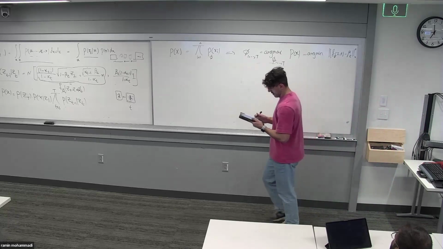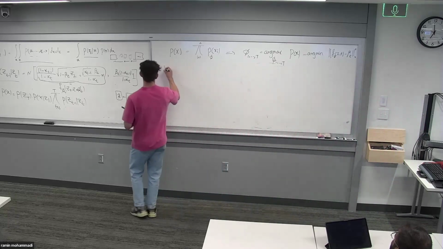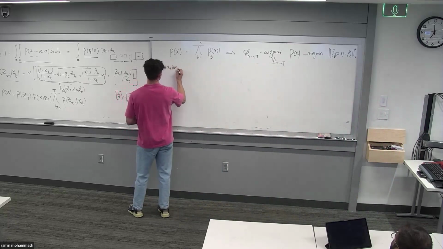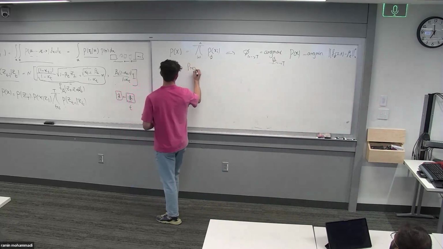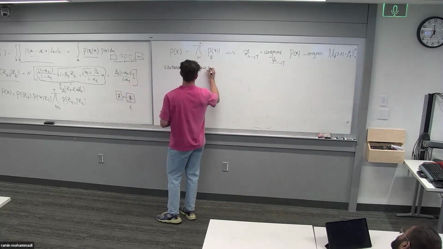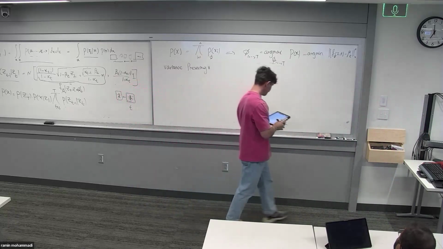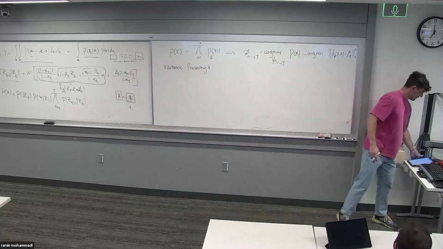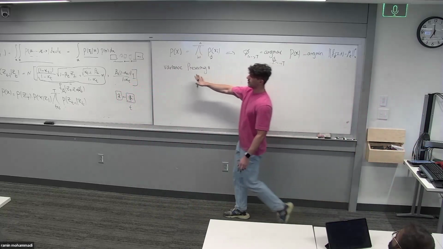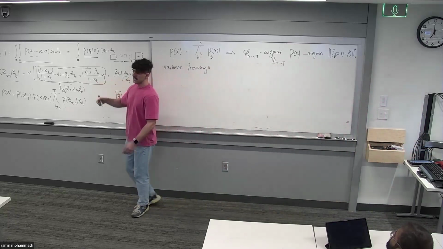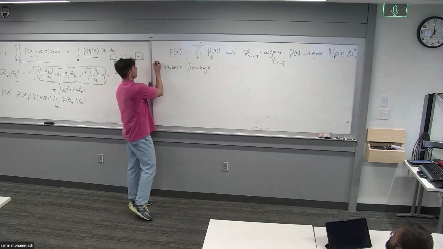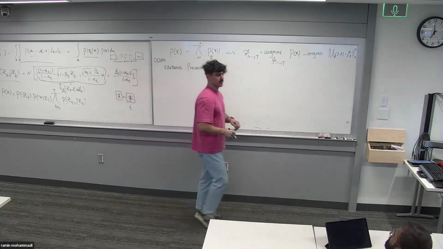Okay, so one thing we're going to just talk about is called variance preserving. The version that we saw here is actually the general term DDPM, denoising diffusion probabilistic models.